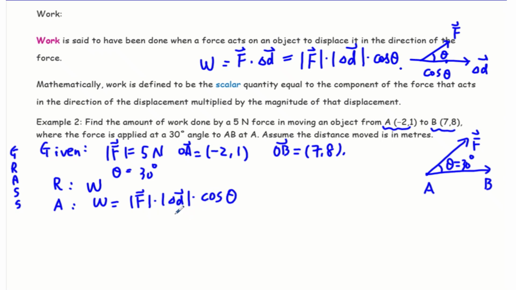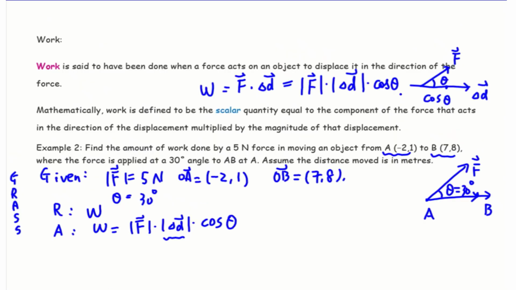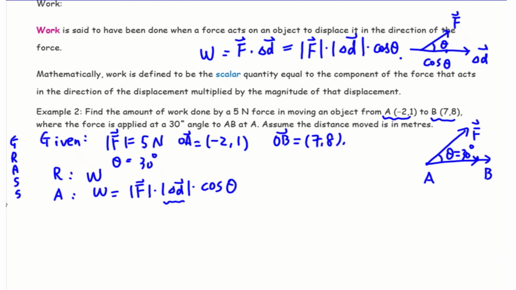And we need to find the magnitude of delta D. It is not given, so we want to find delta D. Delta D is from A to B.